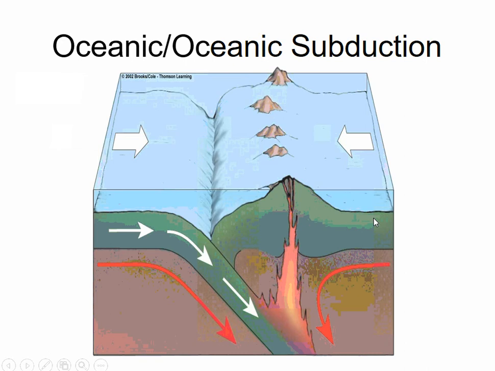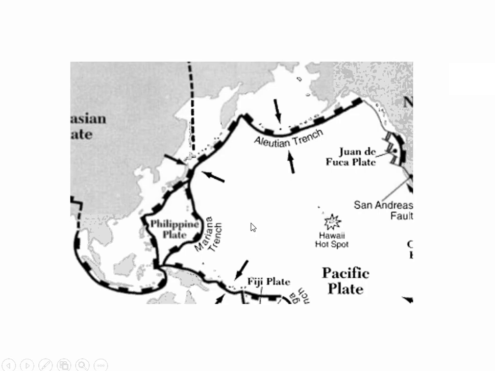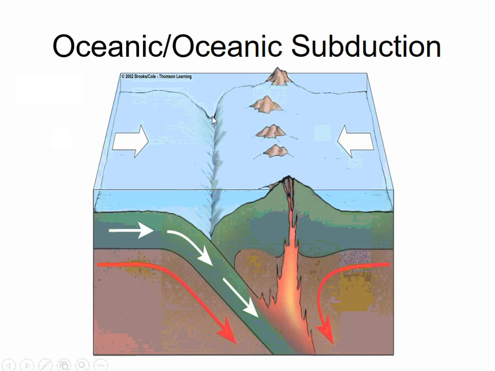Sometimes oceanic crust collides with other oceanic crust. This also creates subduction zones. These again are deep oceanic trenches that occur at these boundaries, with the oceanic crust that's older and cooler and more dense being pushed below the less dense crust. This can actually create island arcs, volcanic islands that occur along these boundaries.